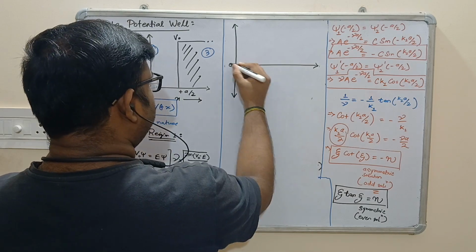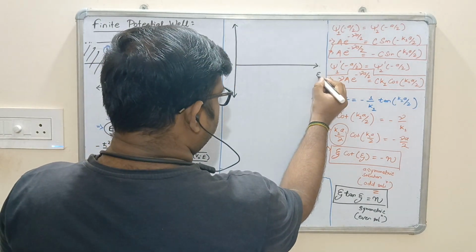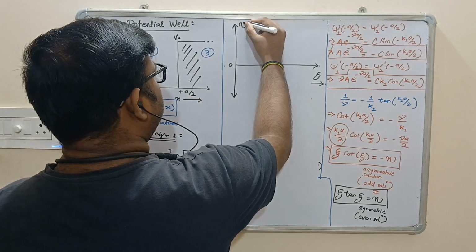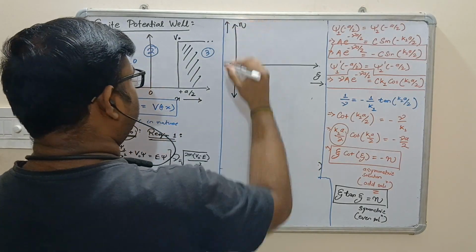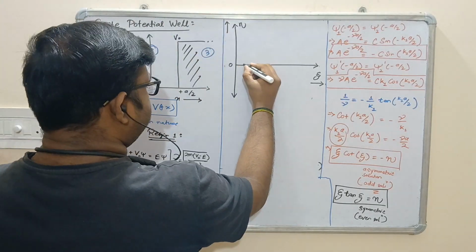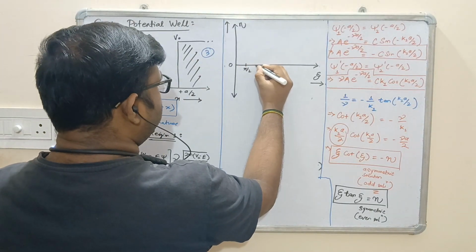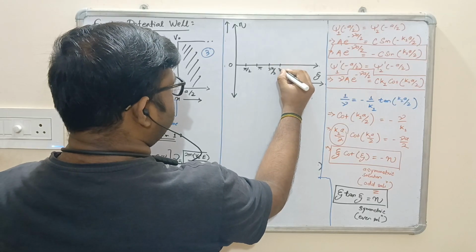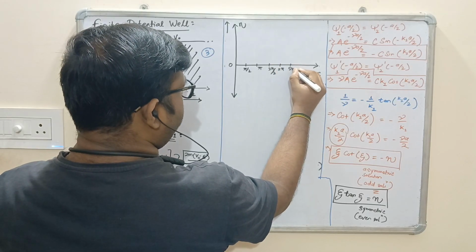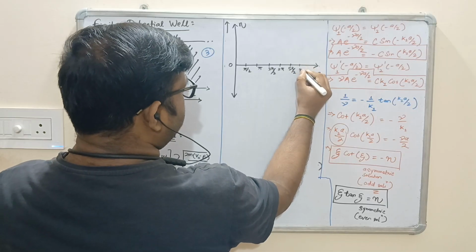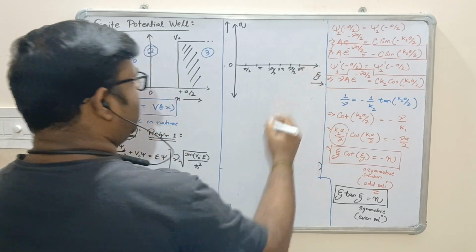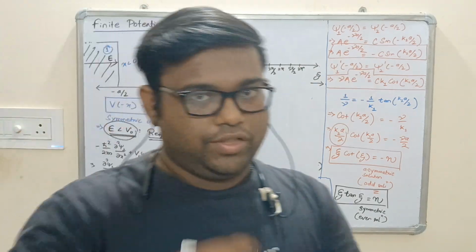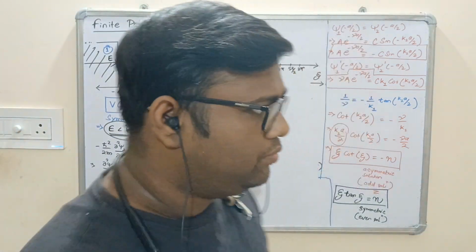This is 0. Let's say this is our E, and this is our eta. This is 0, this is pi by 2, this is pi, this is 3 pi by 2, this is 2 pi, this is 5 pi by 2, and this is 3 pi. This is how the theta goes, or the k value goes, k1, k2, and it goes on.